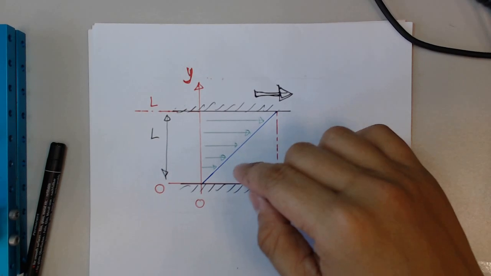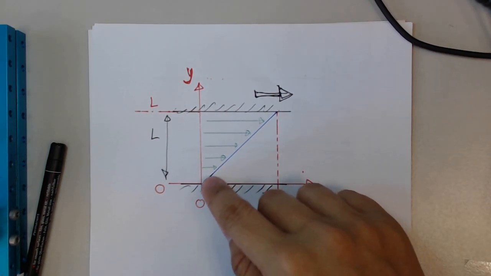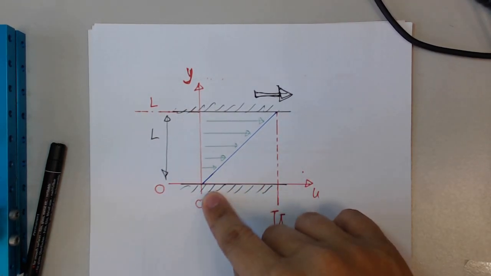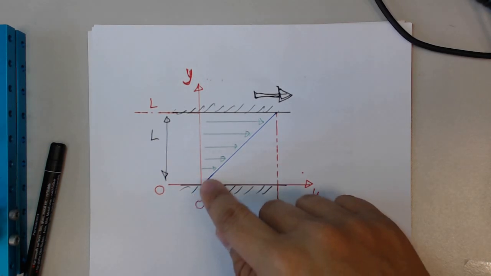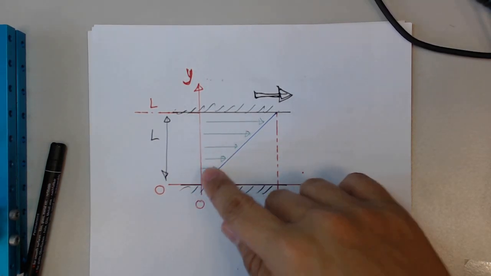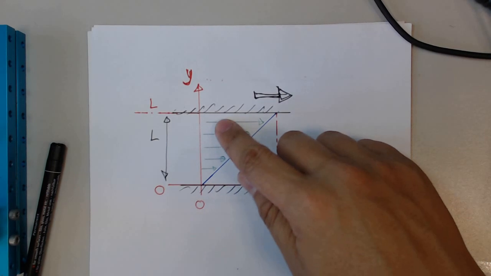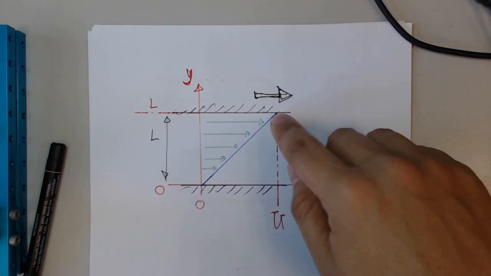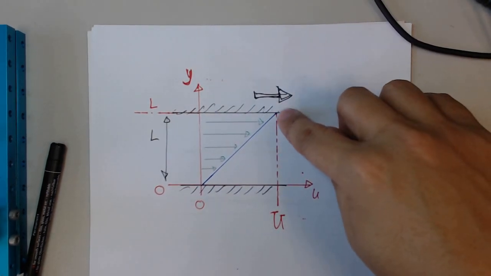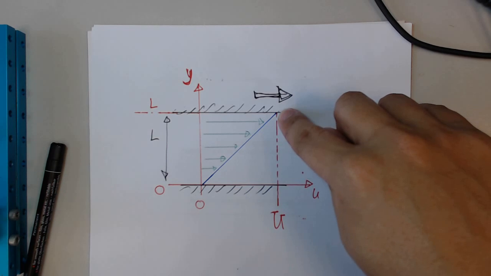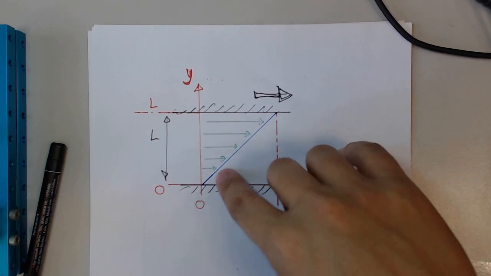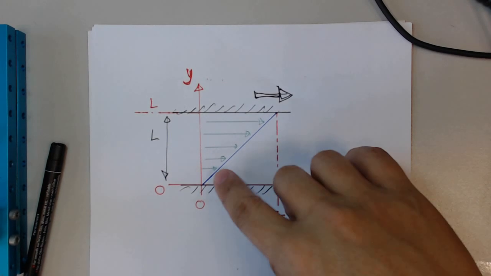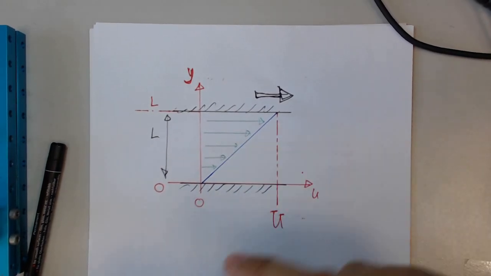You will see that the fluid particles that are closer to the stationary surface will tend to be going towards zero, and as you go higher, the velocity increases, until the fluid particle just next to the moving surface will inherit the value of the velocity of the top surface, which is U. So this blue line is effectively the velocity profile.